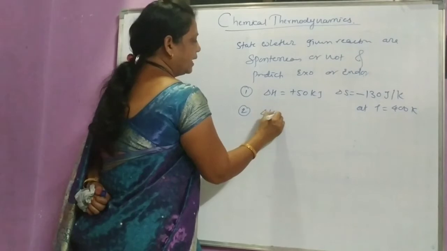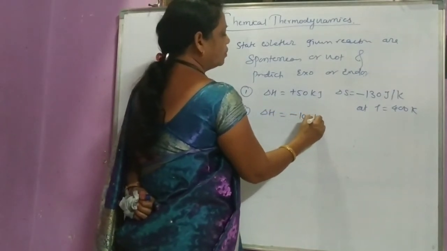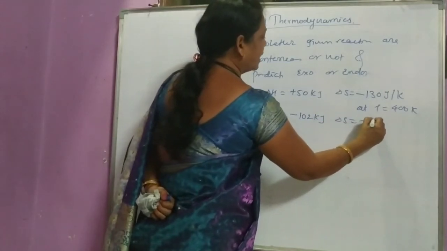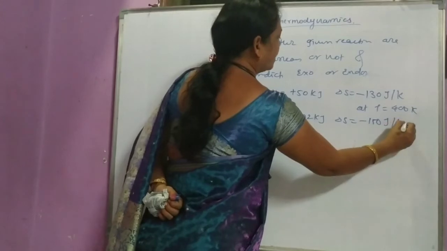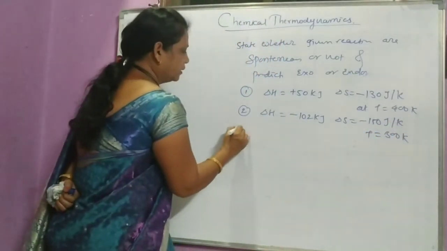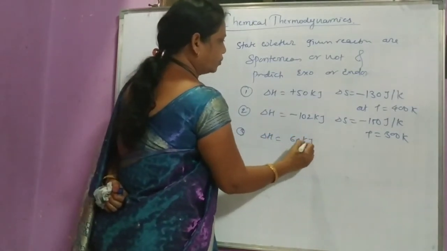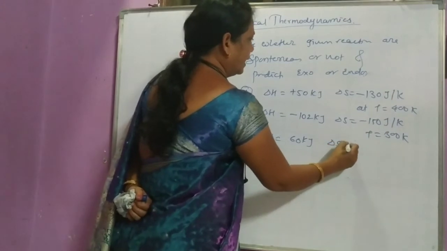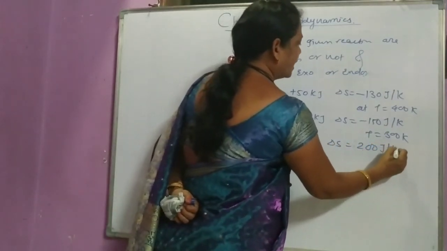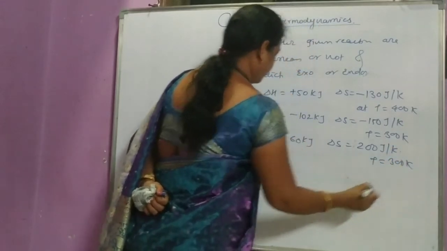Second, del H is equal to minus 102 kilojoule and del S is equal to minus 150 joule per Kelvin at temperature 300 Kelvin. Third, del H is equal to 60 kilojoule and del S is equal to 200 joule per Kelvin at temperature 300 Kelvin.